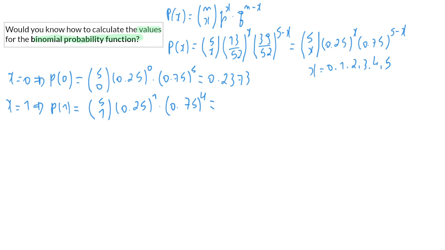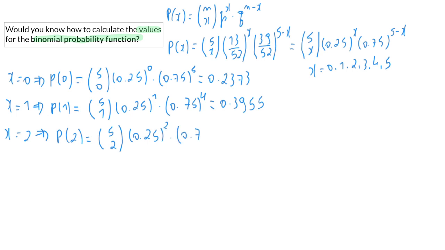This is equal to 0.39395, and x equals 2 implies the probability of 2 equals 5 choose 2 times 0.25 squared times 0.75 cubed equals 0.2637. I have calculated the other values before.